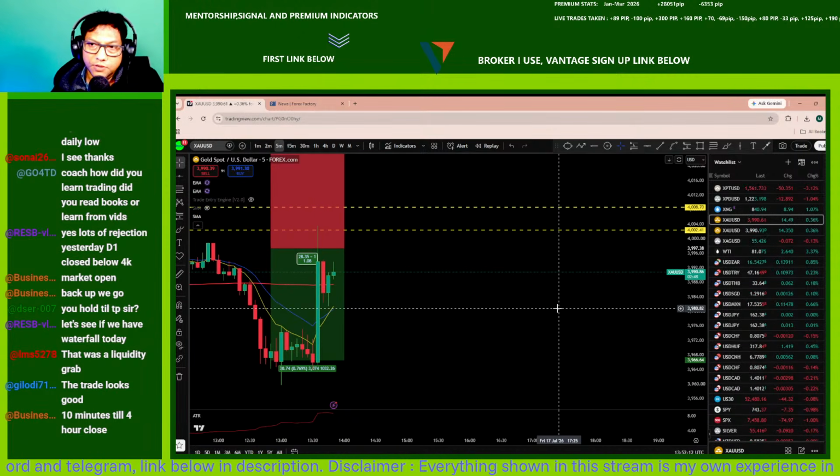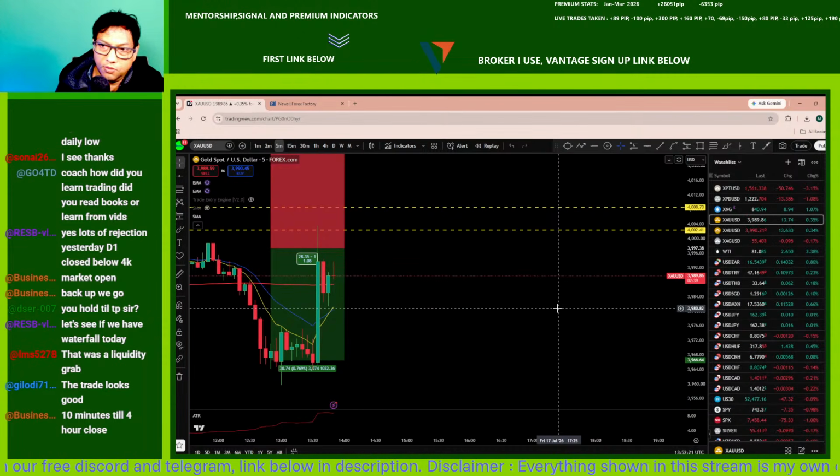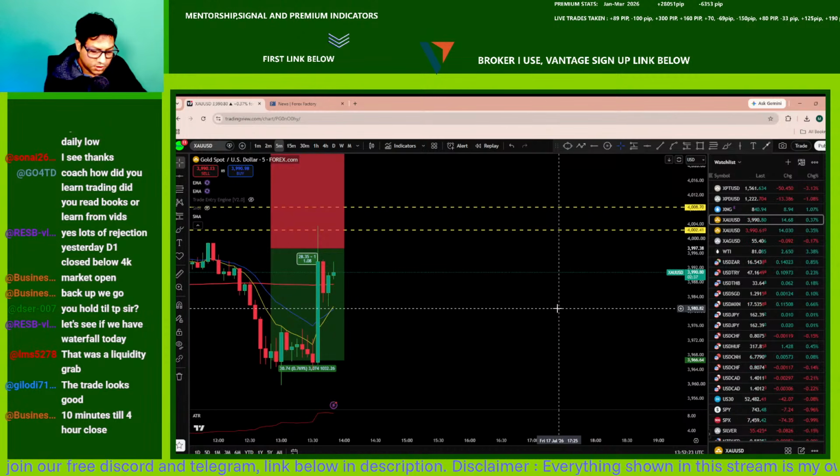This 5 minutes candle is important to see how it closes. If it closes as a big red or long wick red candle, we could see the downside movement. In the meantime, I will be back in just around a minute.